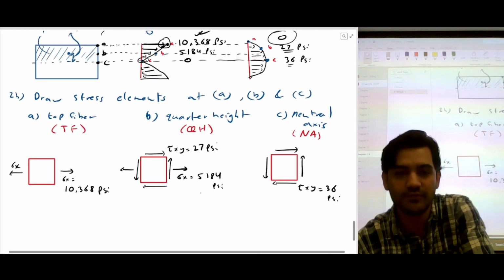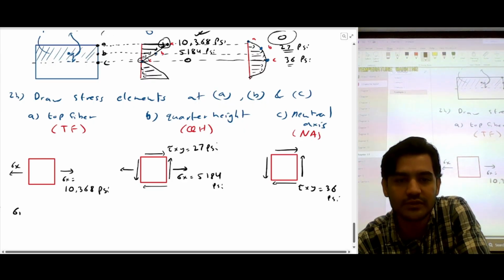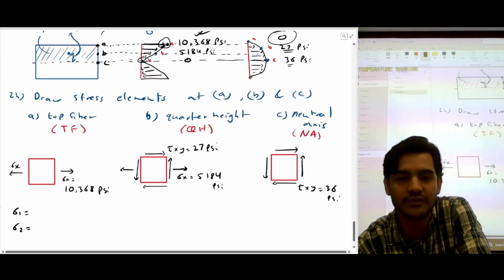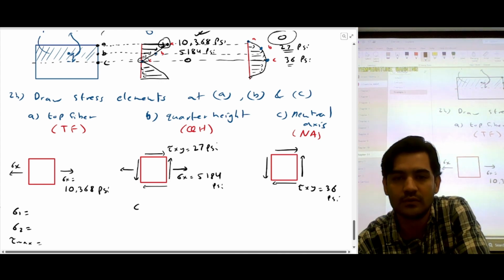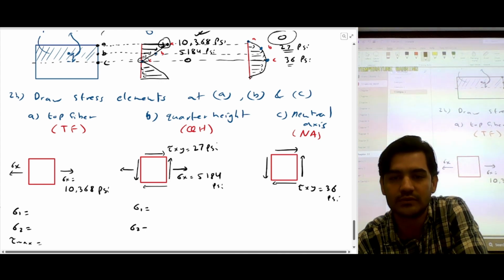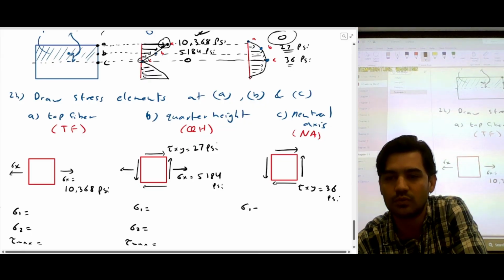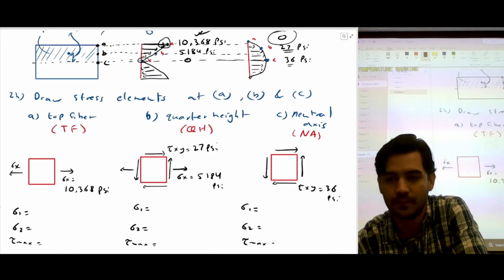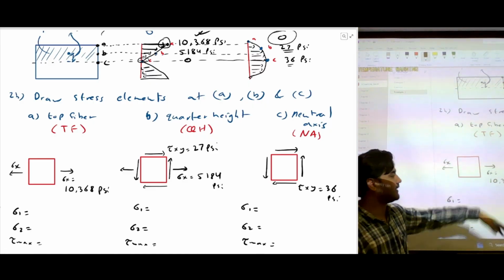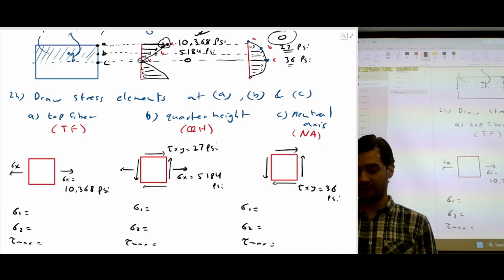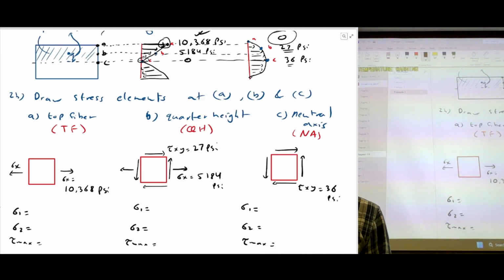You can also calculate tau max if you want. So you guys can try to calculate and give me the values. What values are you getting from this?